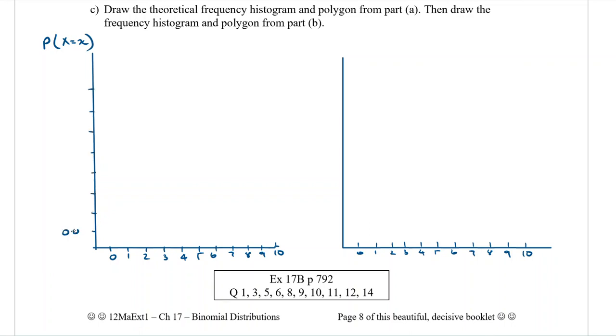So 0.05, 0.1, 0.15, 0.2, 0.25, 0.3, and 0.35. And the other one is the frequency because it's the experimental one.